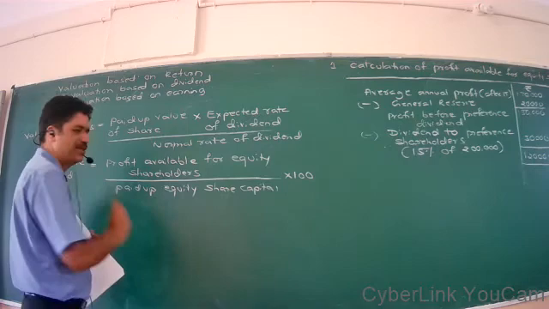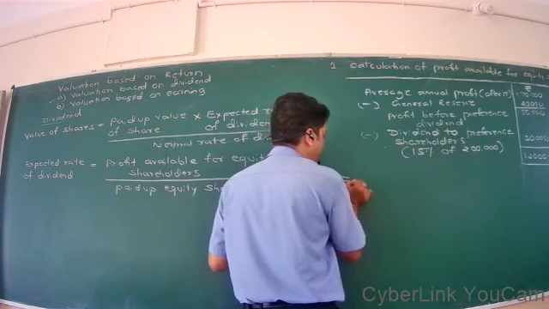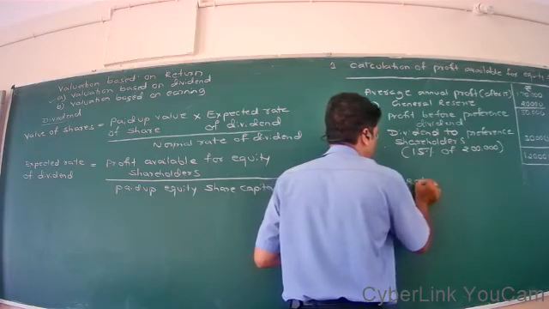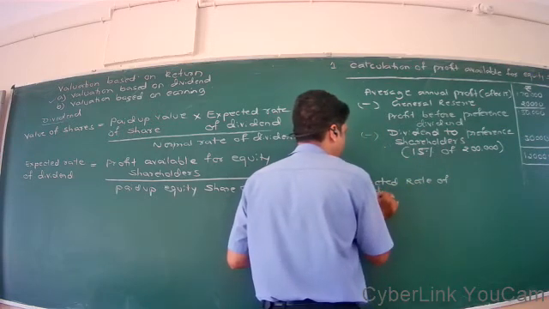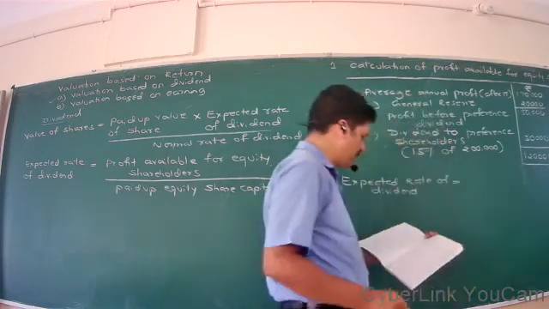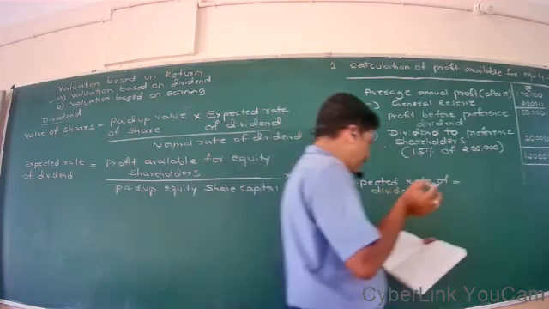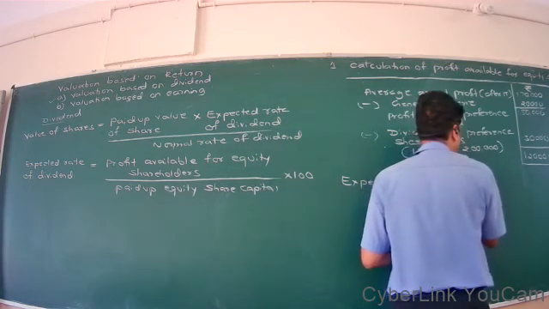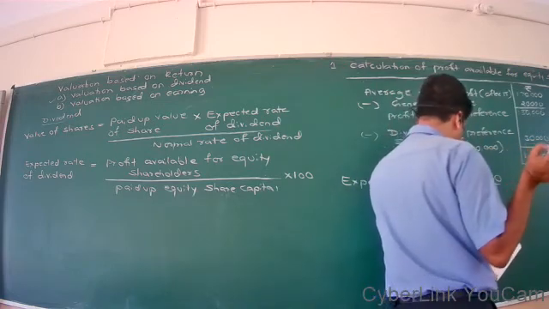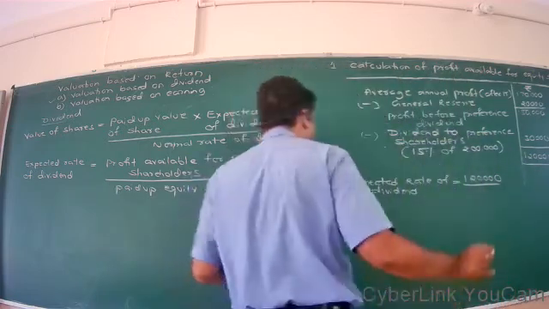Now our job is clear. The expected rate of dividend is equal to profit available for equity shareholders, 1,20,000, divided by the paid up equity share capital, 4 lakh, into 100.